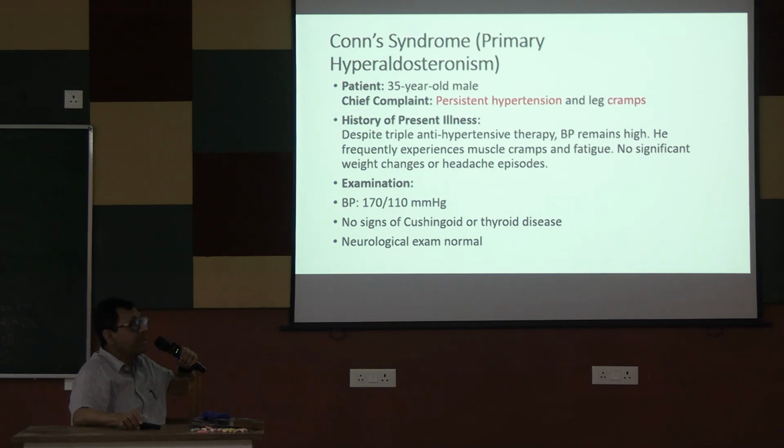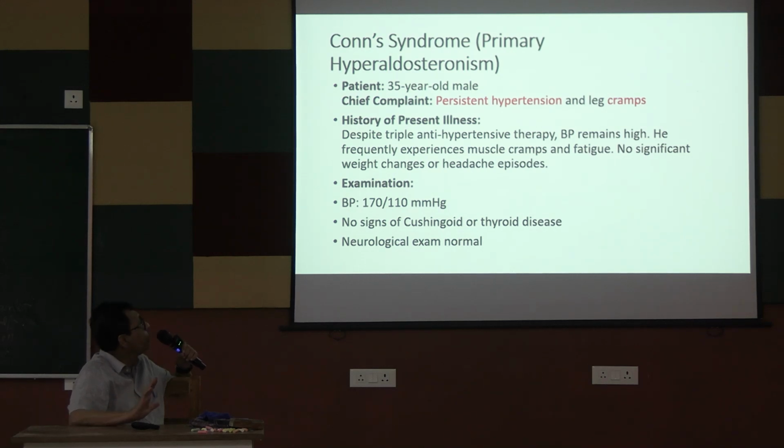In which part is this tumor developed? That is in the zona glomerularis. Zona glomerularis is the area in which this tumor usually develops, and it is called primary hyperaldosteronism or Conn syndrome.